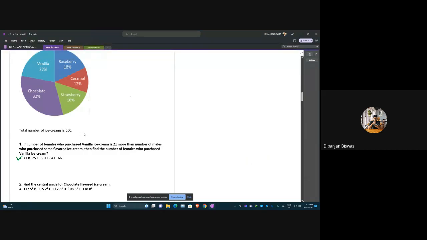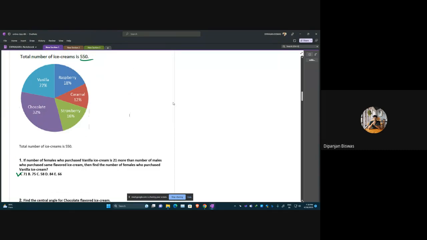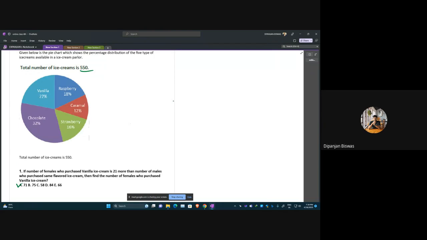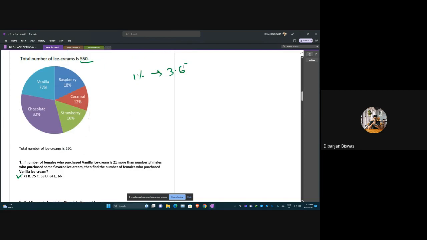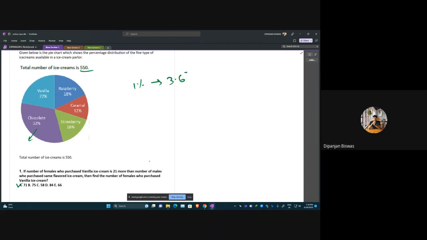Question number 2. Find the central angle for chocolate flavored ice cream. As I have told you that in pie charts, 1% is equivalent to 3.6 degrees. So in the question, it is asked the central angle for chocolate flavored ice cream. So chocolate flavored ice cream is 32%. You have to multiply 32 with 3.6.